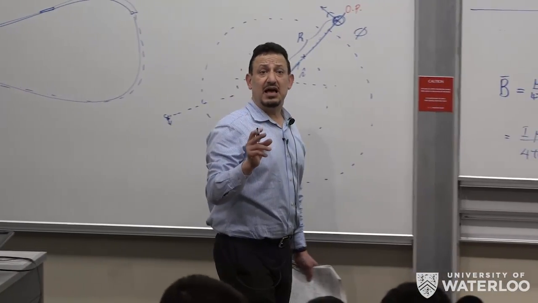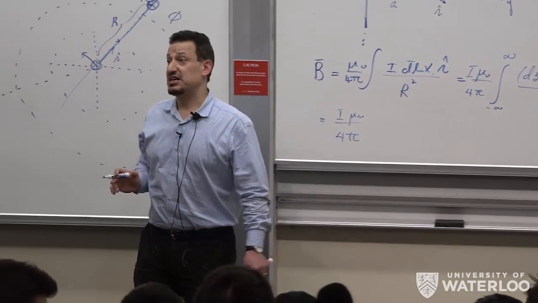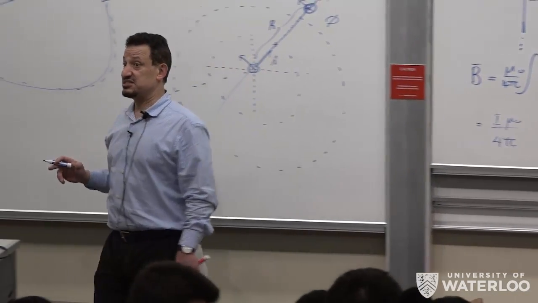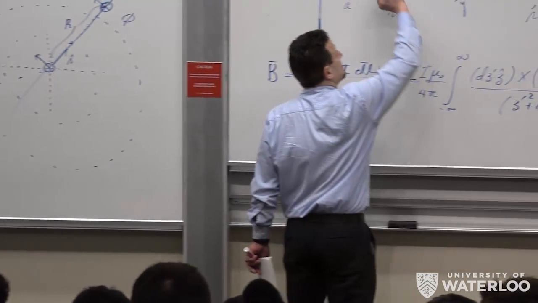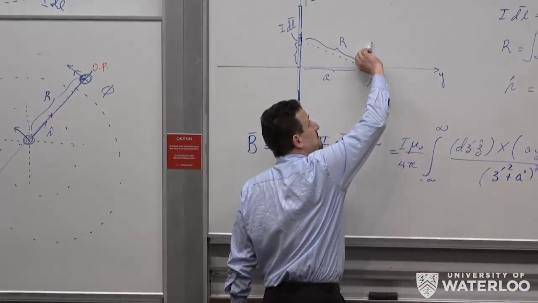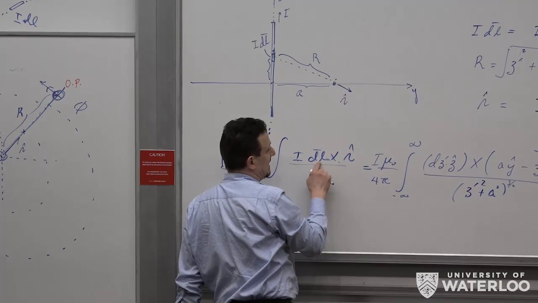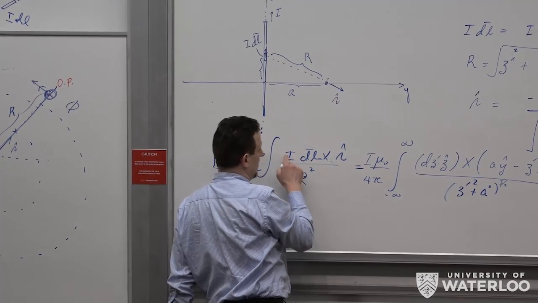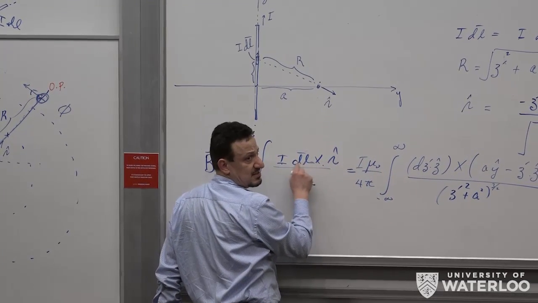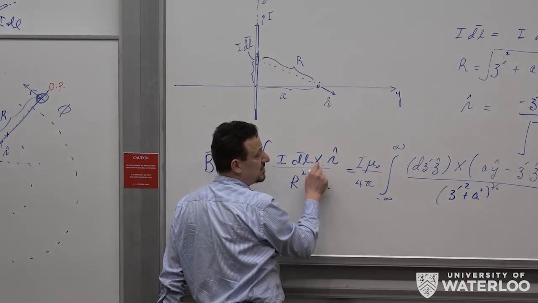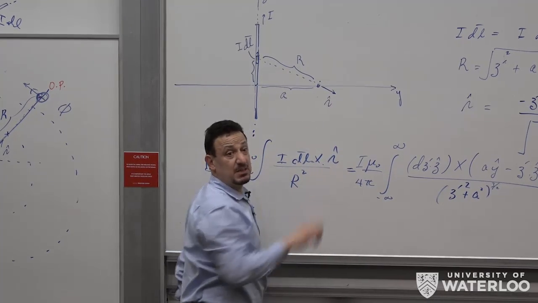But we don't have it. And what about the magnitude? I'm not writing it down because you'll see that in the book. I'm not using that system. What will be the magnitude of that product? I have to take this, multiply it by the magnitude of this. So Idl. What's the magnitude of Idl? Well, we took it out, no problem. I have dz crossed with the magnitude of this, multiplied by what?